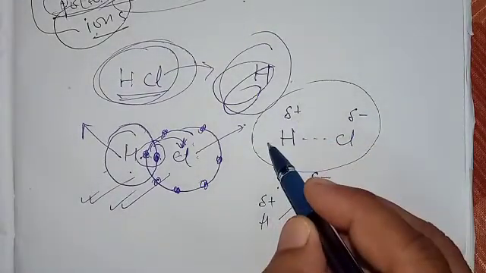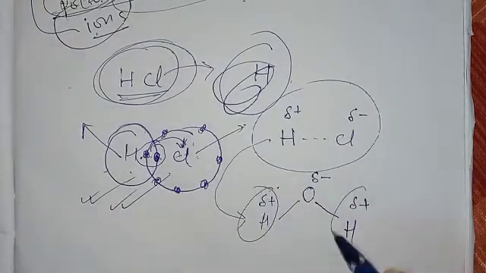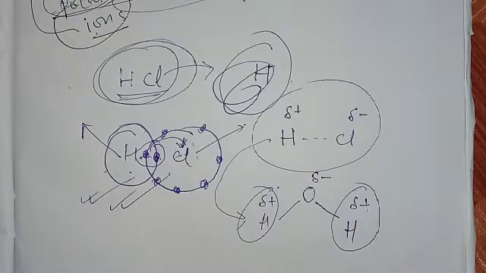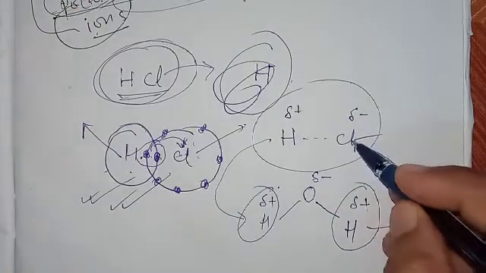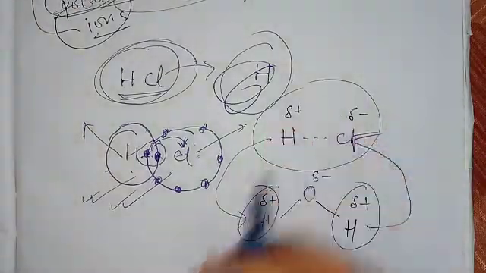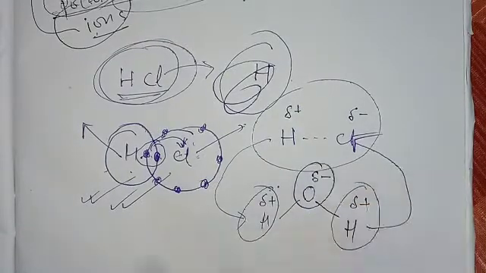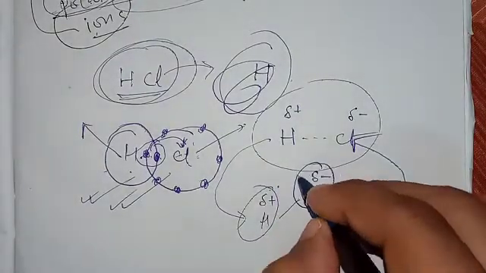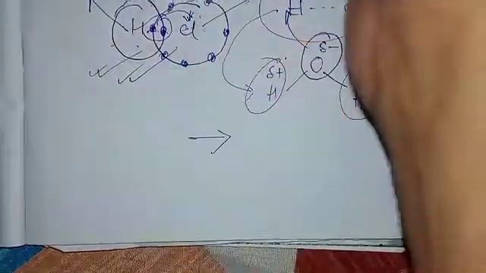So what will happen when you add the polar covalent compound into water? These two hydrogens, which have a slightly positive charge, will attract the slightly negatively charged chlorine of the polar covalent compound HCl, and the slightly negatively charged oxygen atom will attract the slightly positive charged hydrogen, thereby breaking the covalent bond.